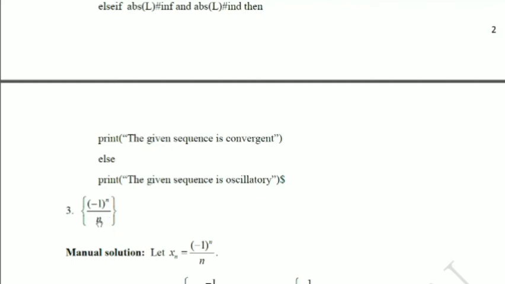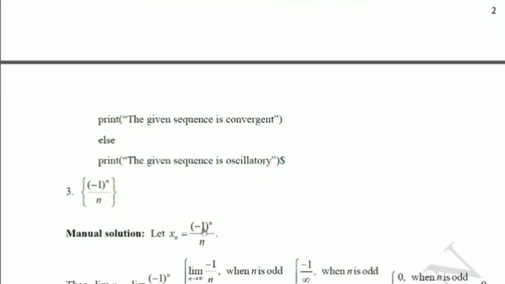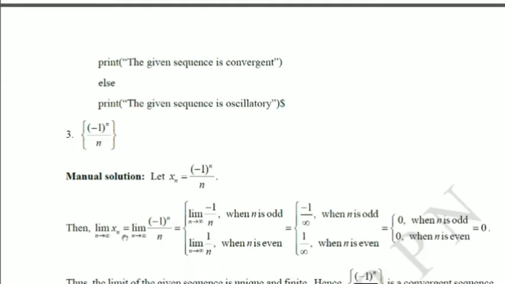The nth term of this problem is minus 1 to the power of n divided by n. So the nth term of this sequence is this. Now here, let me apply the limit: limit as n tends to infinity of minus 1 to the power of n divided by n. Here, depending on whether n is odd or even, this takes two values.